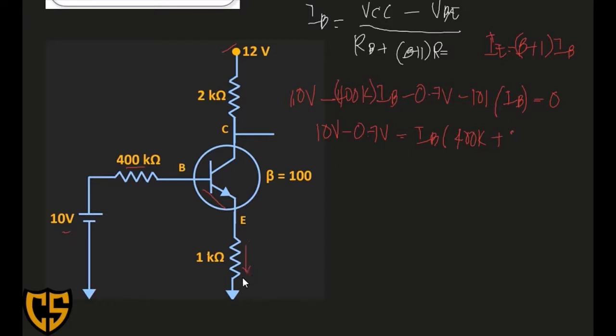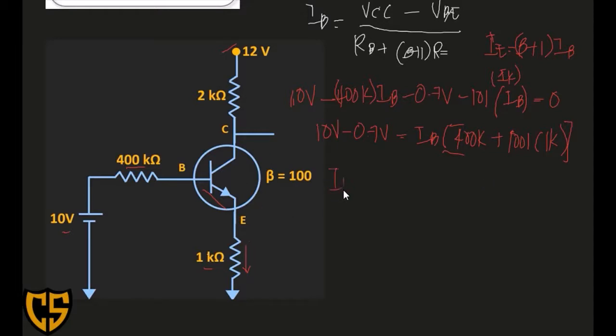Okay, so take note nga pag kita gali resistor nga wala na butang dari, multiply kita by 1 kilo. So we will have plus 101 times 1 kilo. So now we could find the value of your IB.